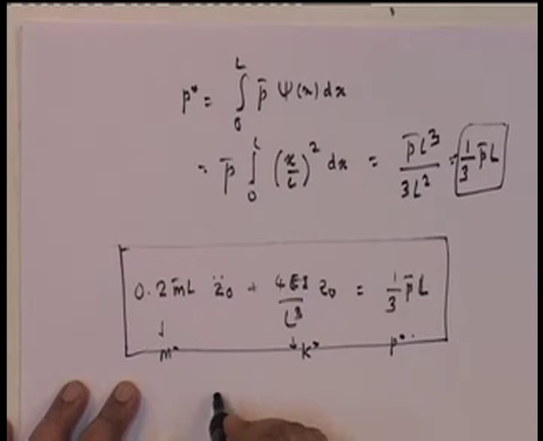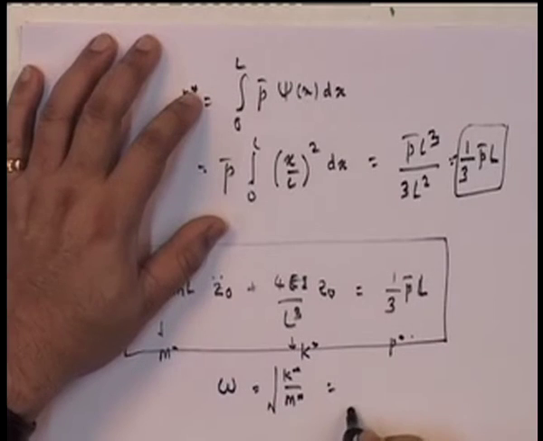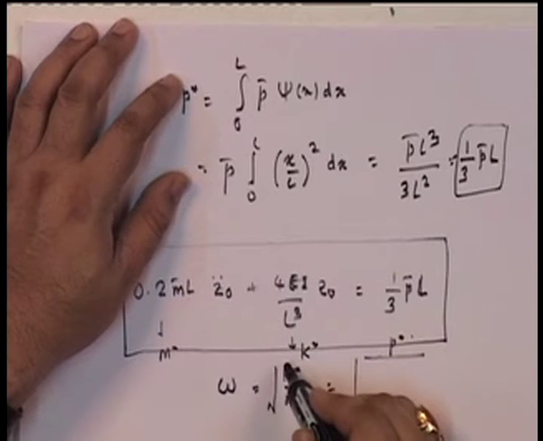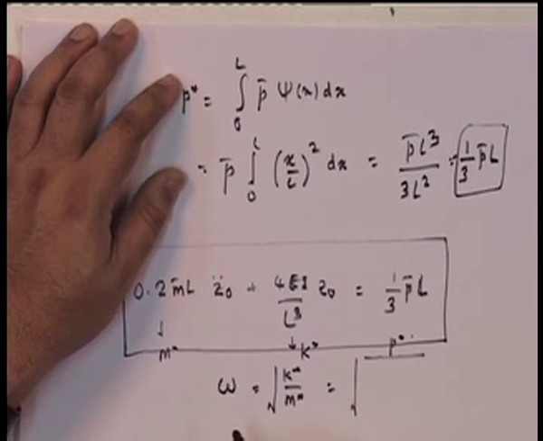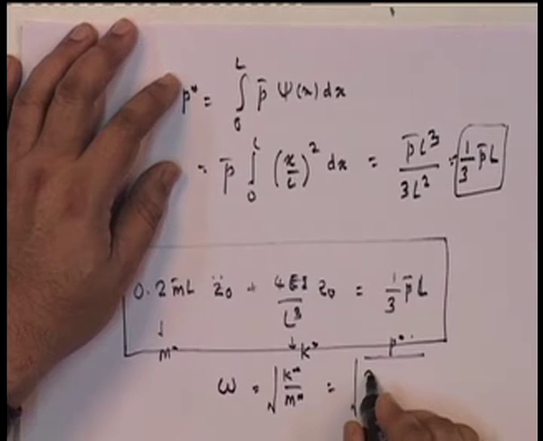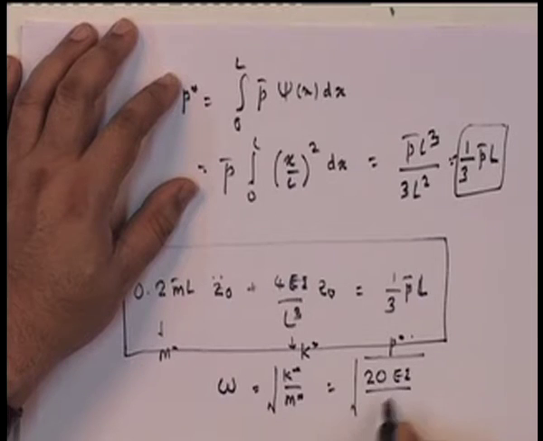Let us look at something interesting. What is the free vibration frequency going to be equal to? It is by definition k star upon m star, and this, if you look at it, is equal to 4 E I upon L cubed divided by this. This basically becomes 0.2 goes up, so this becomes 20 E I upon m bar L fourth.